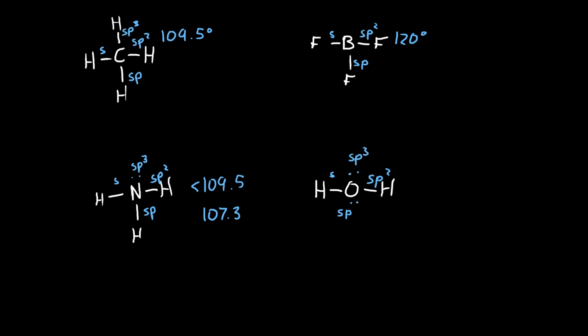Again, it's sp3, so it would be 109.5, but the 2 lone pairs make the bond angle smaller. And it would be smaller than 107.3 because of the extra lone pair, and the approximate bond angle is 104.5 for H2O because of the lone pairs, which cause electron repulsion.